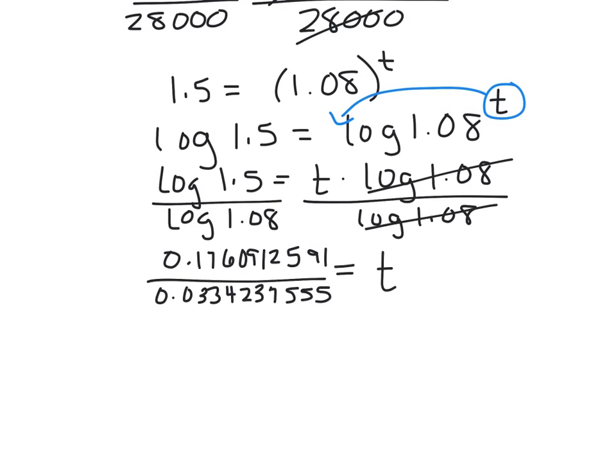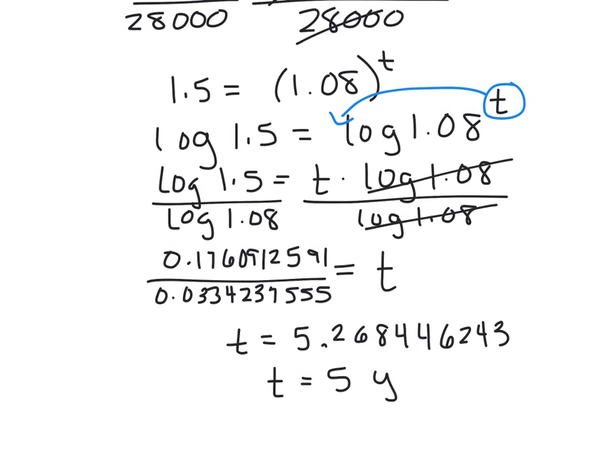Then when we divide those two decimal values, we get 5.268446243. And t is the number of years, so we're going to round to the nearest whole number. So t equals 5 years. And that's our final answer.